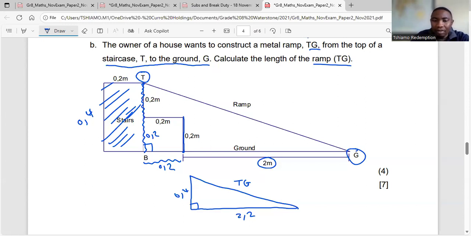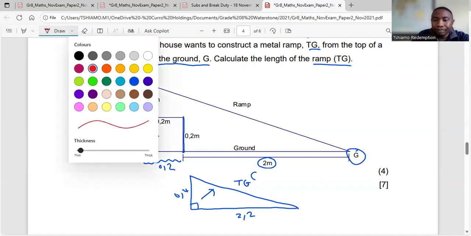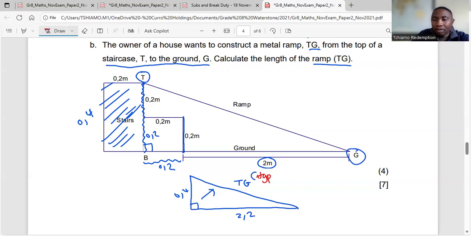In this case now, TG, or the ramp, becomes the hypotenuse. So how would I calculate the hypotenuse? I'm going to say TG squared equals TB squared plus BG squared.